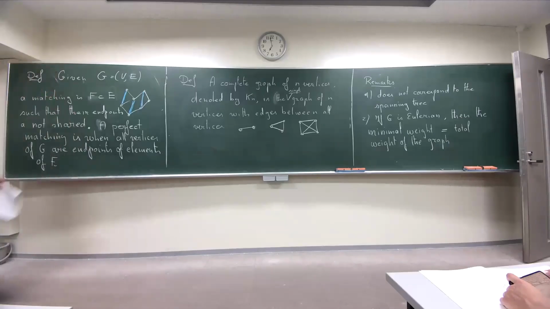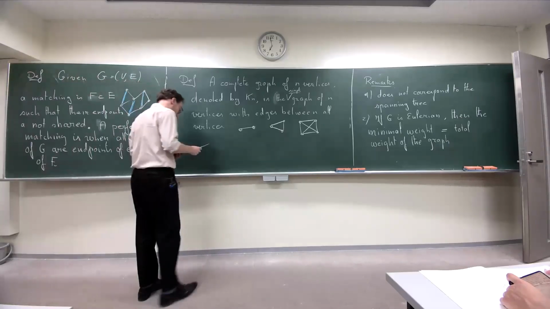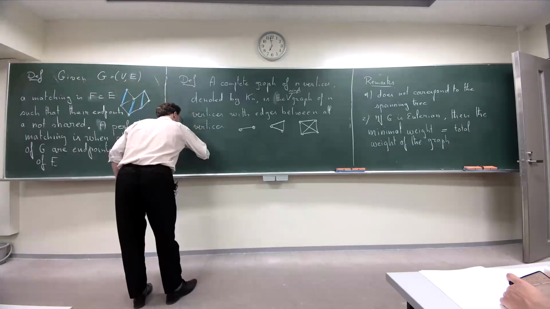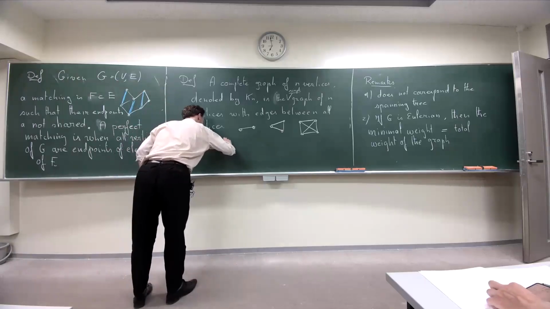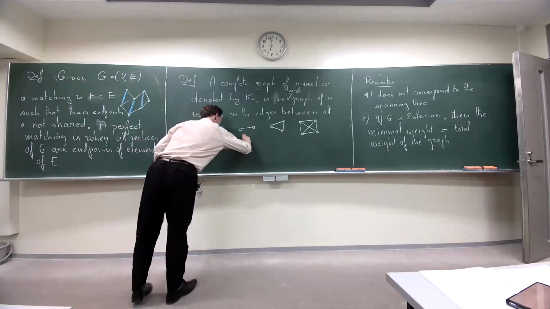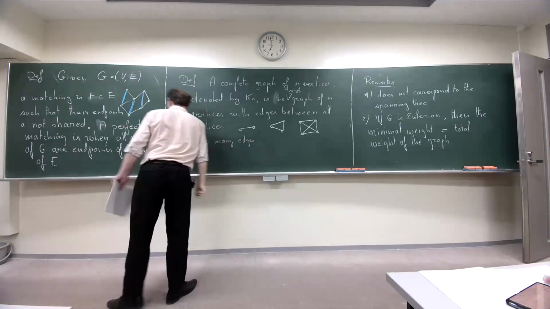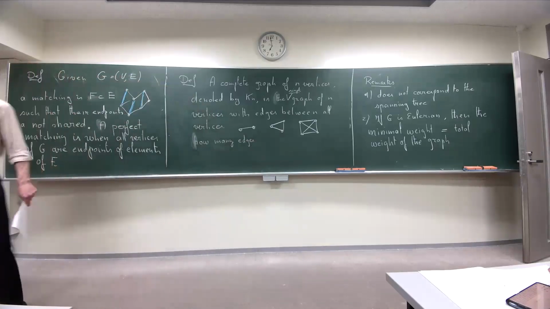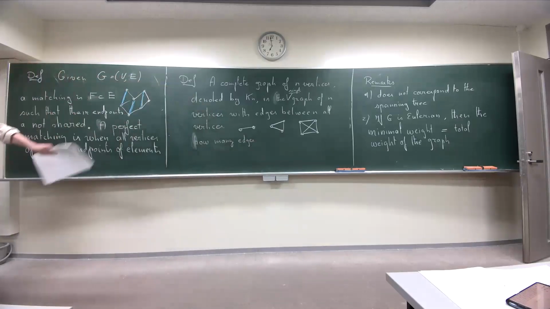Okay. Quick question, how many edges? If you are third or fourth year, you cannot answer. For first or second year, how many edges do we have as a function of n, for a complete graph?